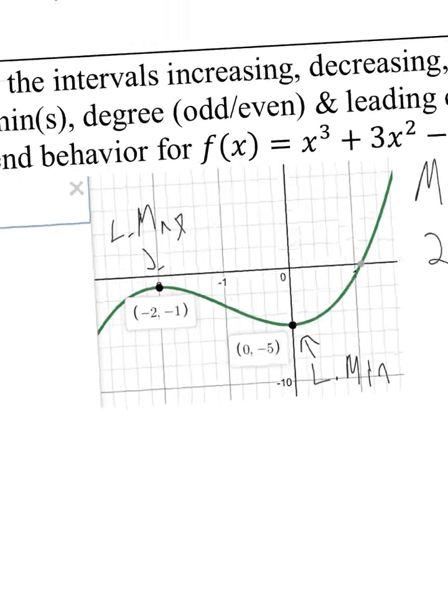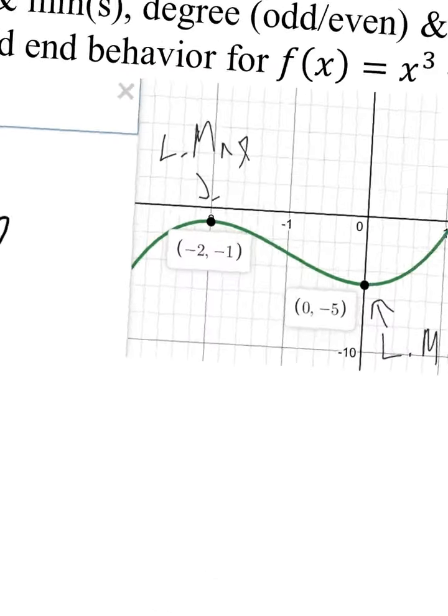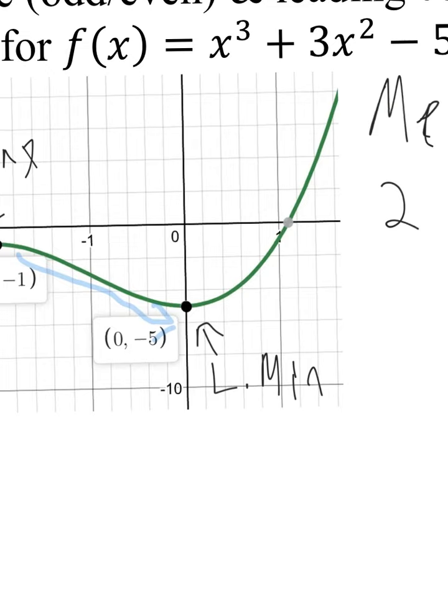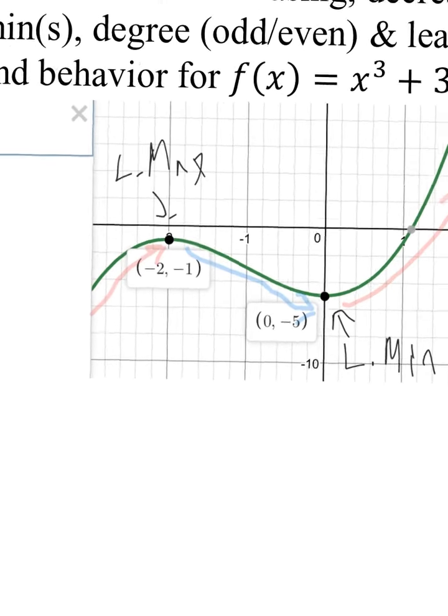All right, and then I am asking you to identify the intervals increasing. So it is increasing coming from the left side, and then it hits the local max, and then it decreases and hits the local min, and then it increases again, presumably forever. So how do you say that?